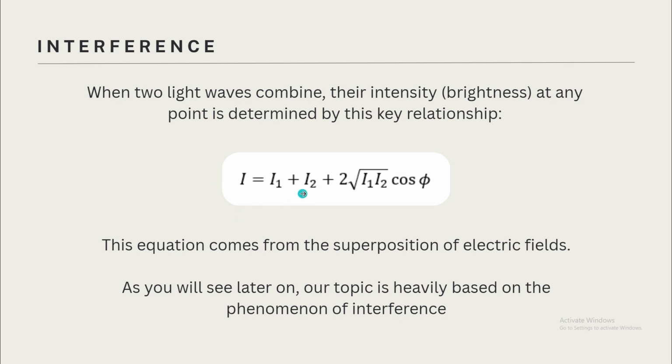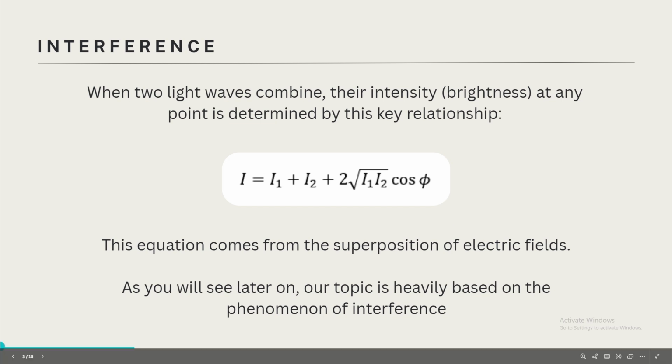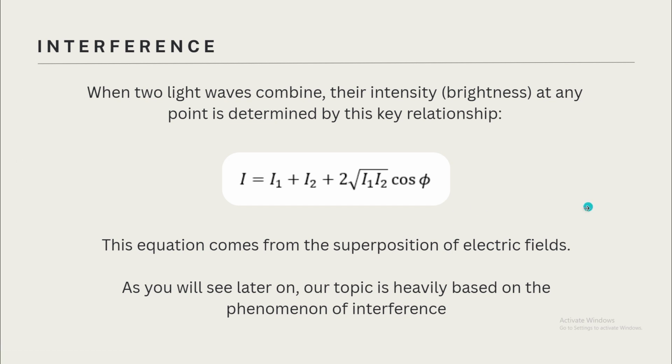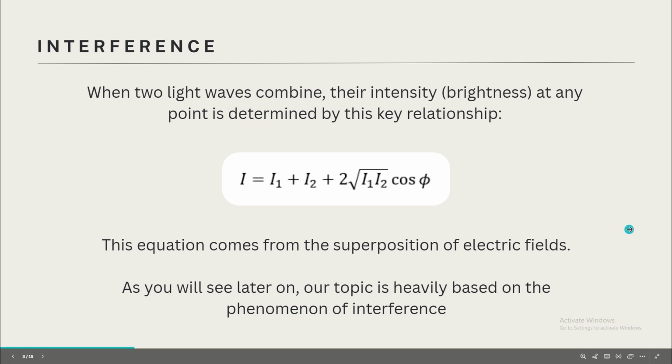I1, I2 being the intensity or brightness we see at I1 and I2, and then phase difference between the 2 beams is denoted as phi. And this equation comes from the superposition of electric fields, and as you will see later on, our topics heavily based on this phenomenon.